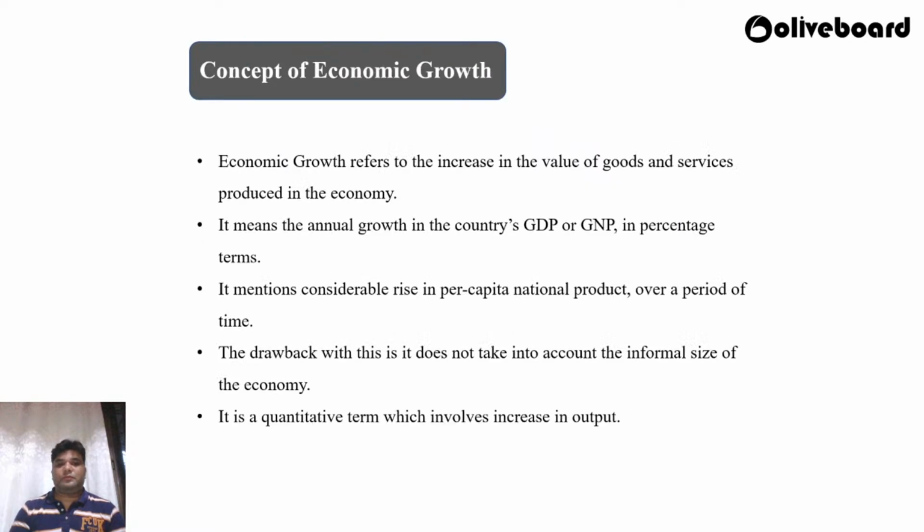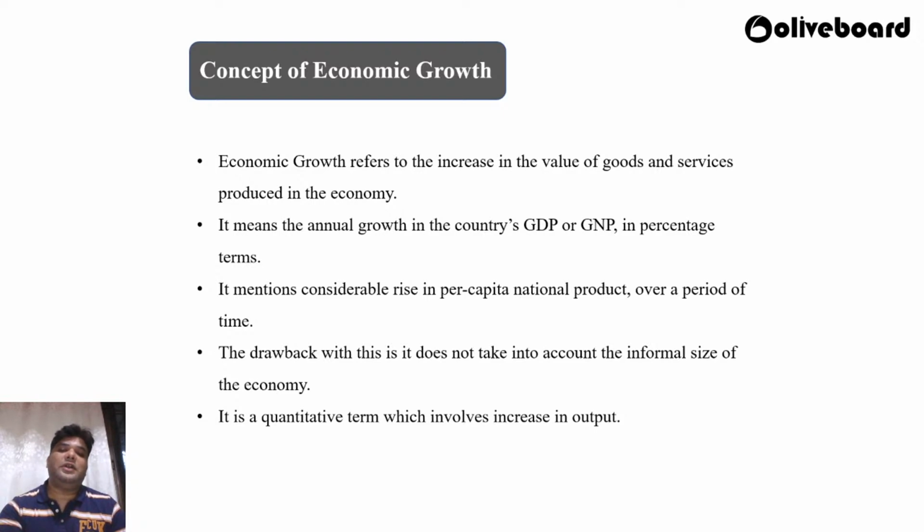Now when you talk about the concept of economic growth, it refers to the increase in value of goods and services produced in the economy. That is the concept of economic growth, right? So I'm sure that you are very well aware of this. And it means the annual growth in the country's GDP or GNP. What is GDP? GDP is gross domestic product, right? And what is GNP?